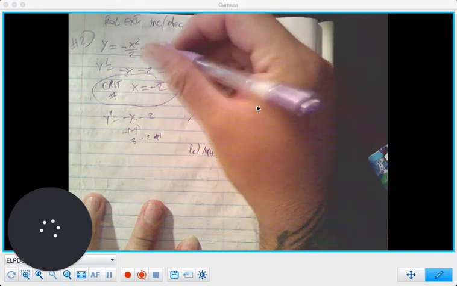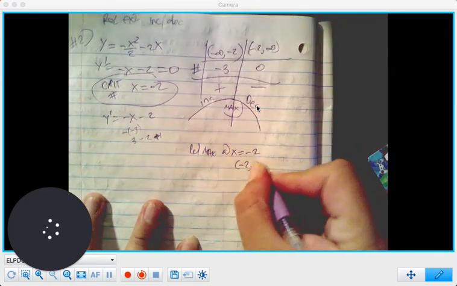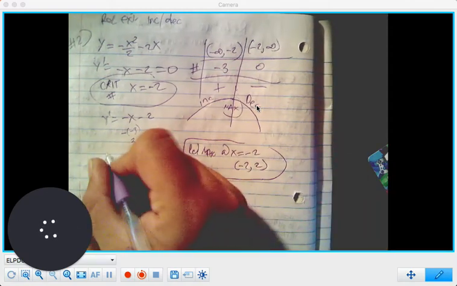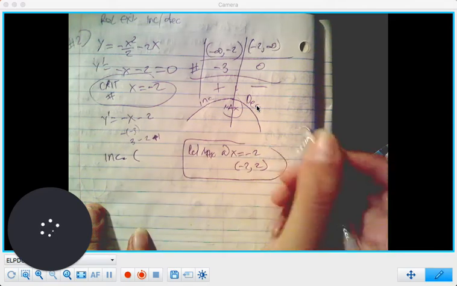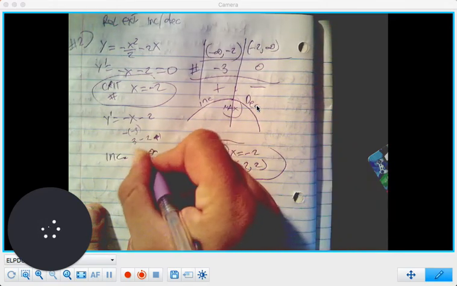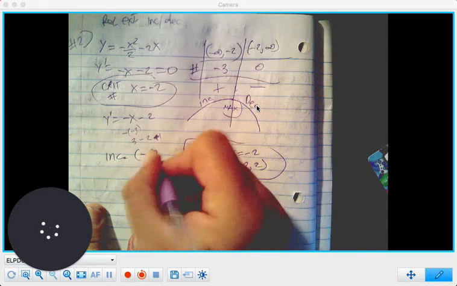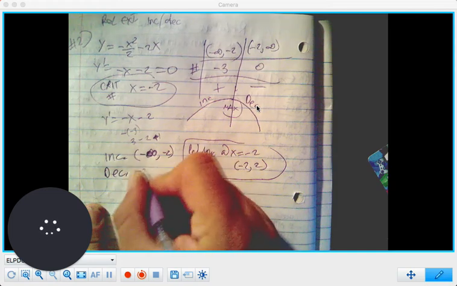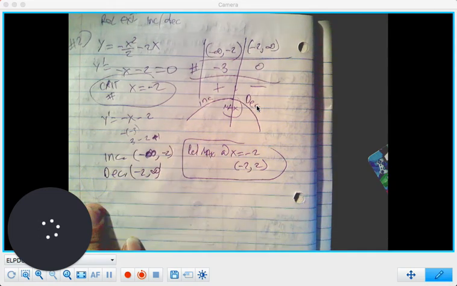And then plus 4, that's going to be positive 2. Relative max. Do you have increasing intervals? Yeah, increasing, negative infinity to negative 2. Decreasing, negative 2 to infinity. Beautiful.